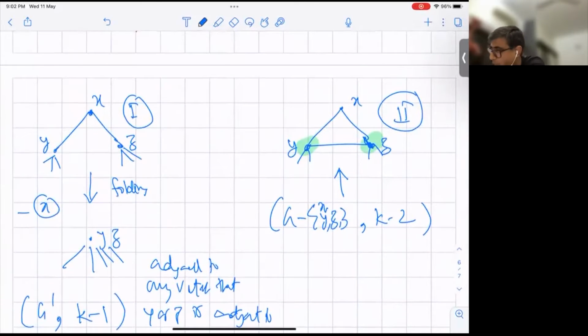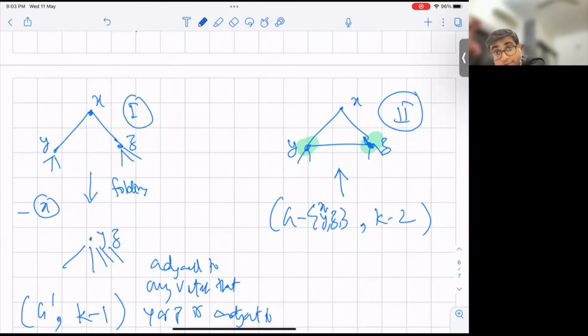So by looking at these two things, remember when we were trying to make a branching rule, what did we say? What can you say about X and YZ as a set? There exists an optimum vertex cover that either contains YZ or X. Because if you pick only one of Y, it is better to take the other one, since it will do the same job.